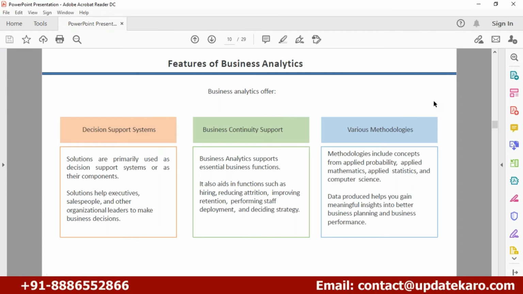So what is a decision support system? What do you understand by this one? Can anybody answer?